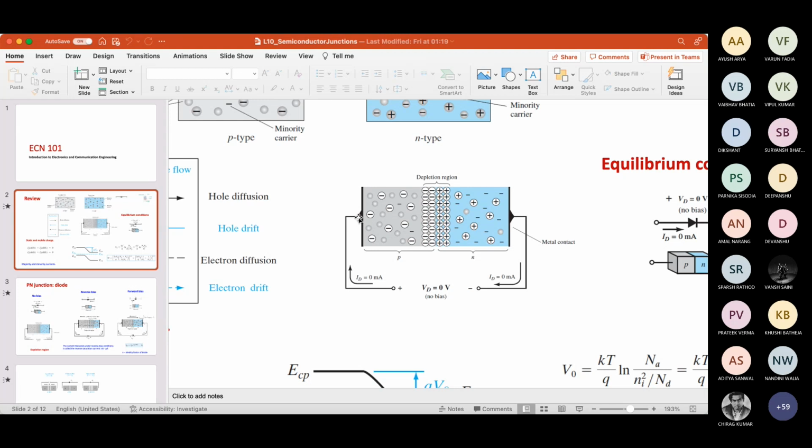So if we put a metal in contact with a p-type semiconductor on the left side, and a metal in contact with an n-type semiconductor on the right side, we will have small depletion regions at the junctions. And the net potential drop across these three junctions will be zero.